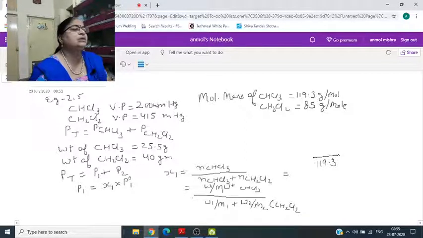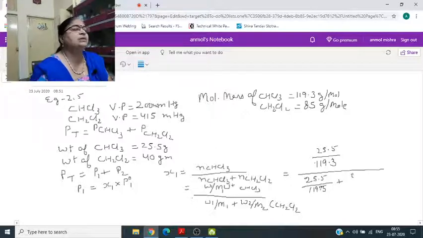119.3, 25.5 divided by 25.5 by 119.5 plus weight is 40 divided by 85.